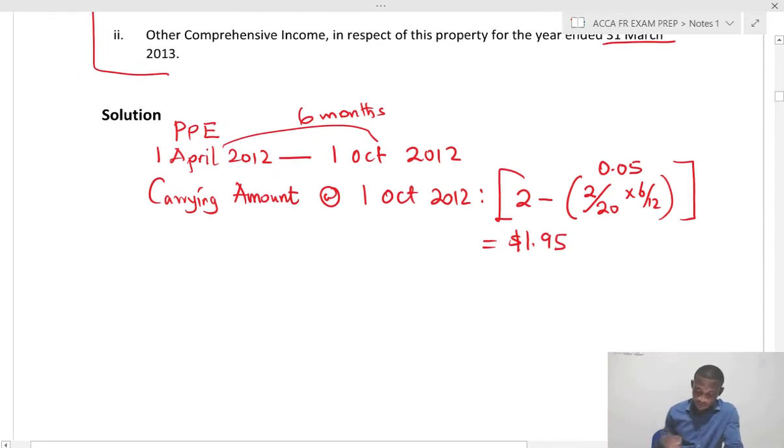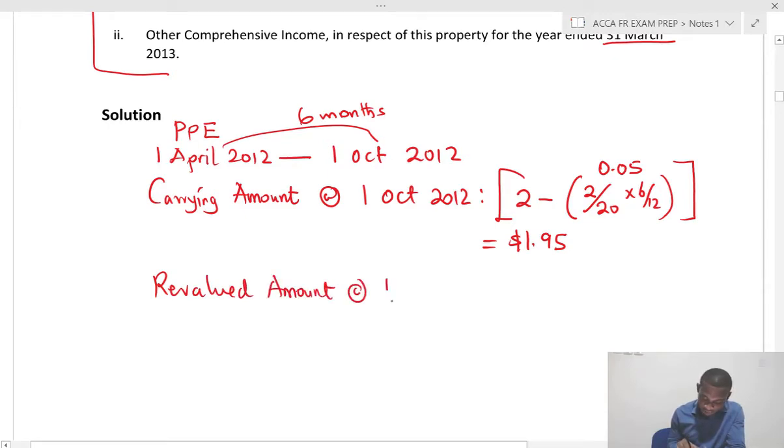Now, this asset on the 1st of October was reclassified to investment property. So under PPE, you would say the revalued amount at 1st October 2012, and that was given to us as 2.3.